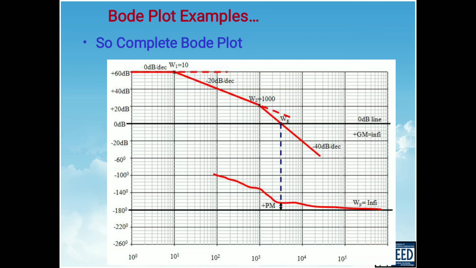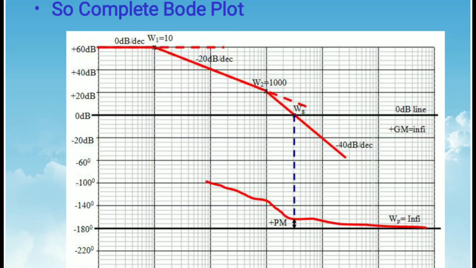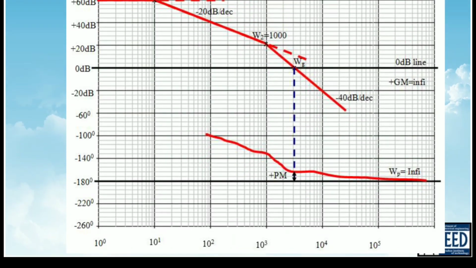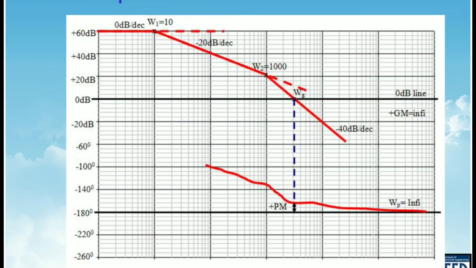So the magnitude plot and angle plot are both shown on a single semi-log paper, that is the Bode plot here. But if you want to find omega GC, the gain crossover frequency at which it cuts the 0 dB line, it cuts the 0 dB line at omega above 1000.